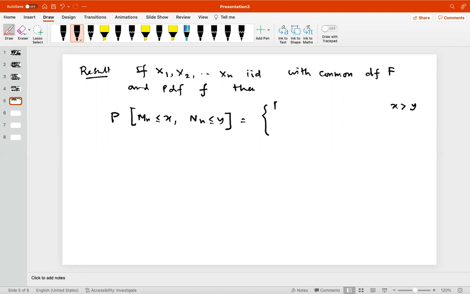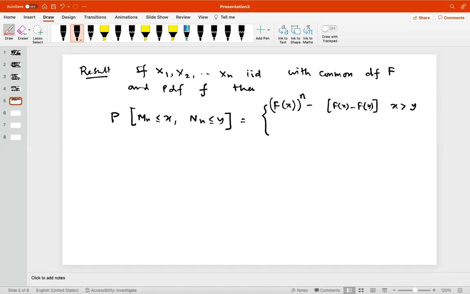This is just F(x) to the power n, minus the gap F(x) minus F(y), which means the probability between x and y.